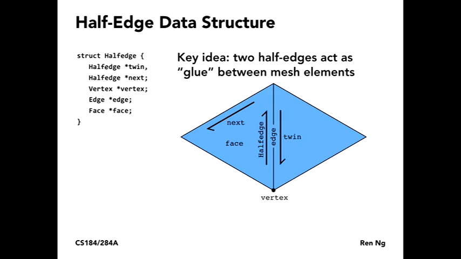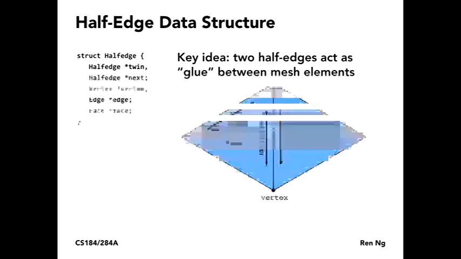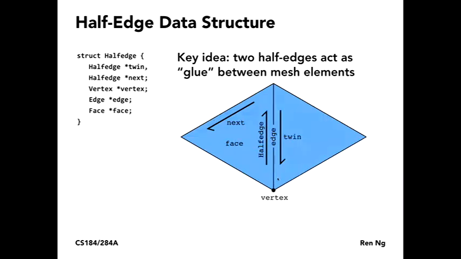So a half-edge has a pointer to its twin, a pointer to the next half-edge, and a pointer to the vertex that is the beginning, the starting point of that half-edge. It's an oriented vector, right? The half-edge also has a pointer to the edge that it sits on and a pointer to the face that it's a part of.